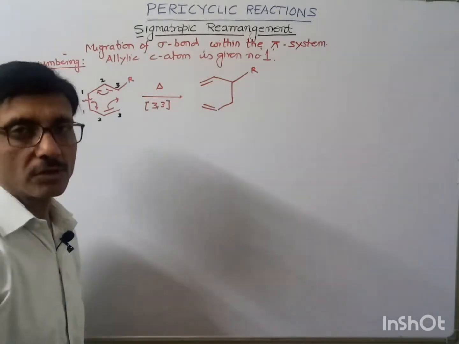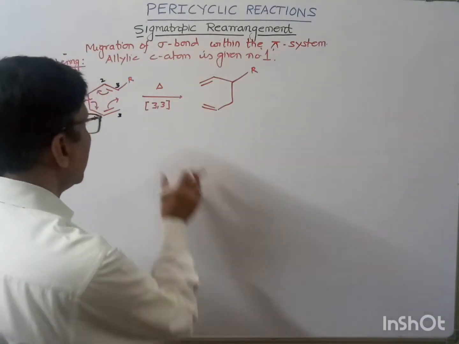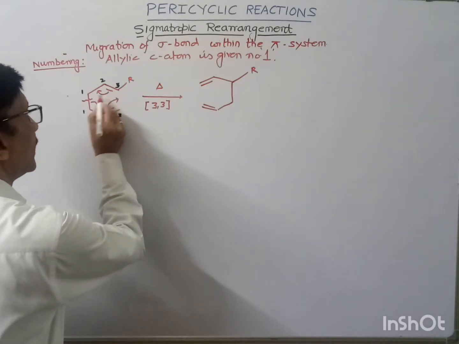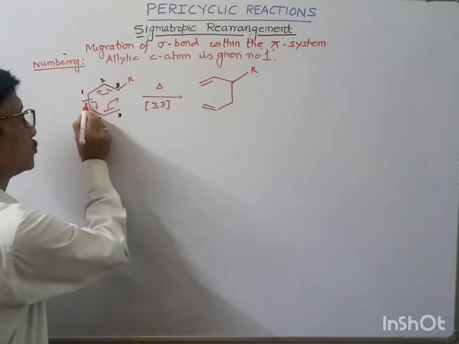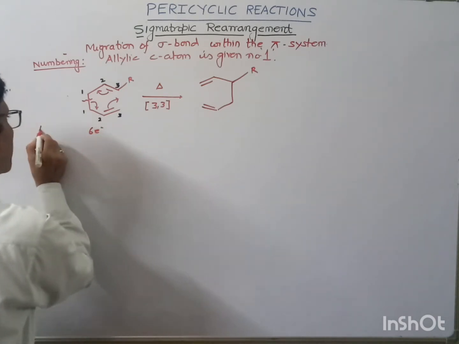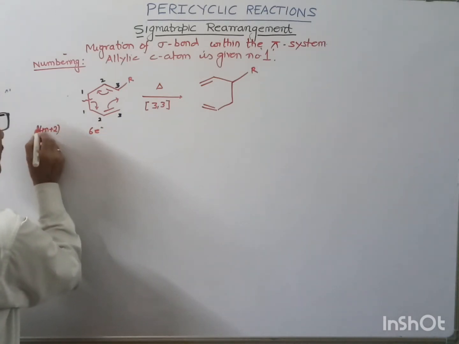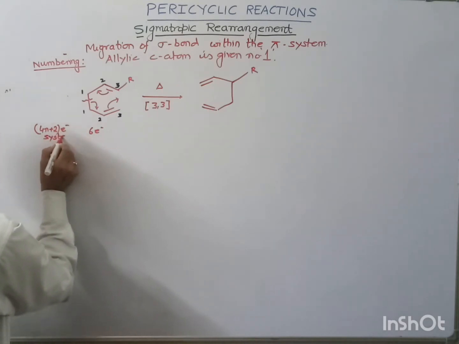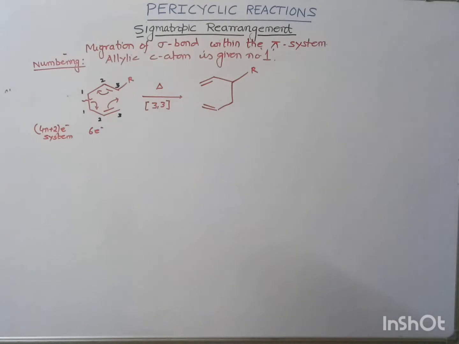We will see later on. How many electrons are involved? 2, 2 and 2 sigma electrons. So a total of 6 electrons are involved here. So this is an example of a 4n plus 2 electron system.